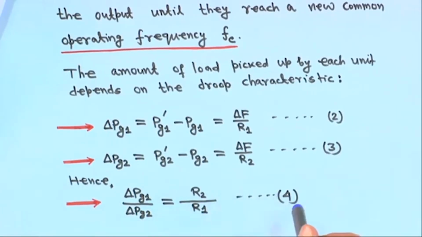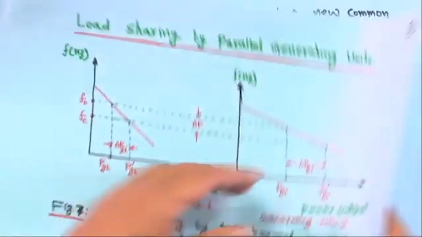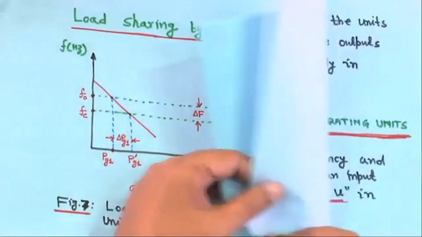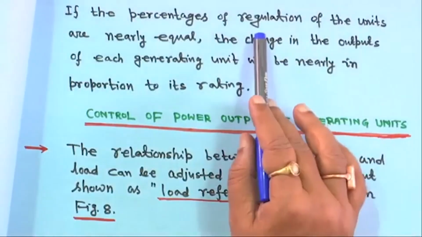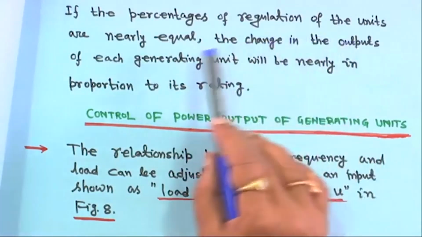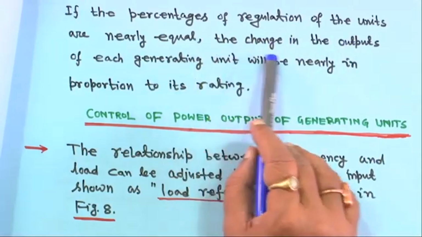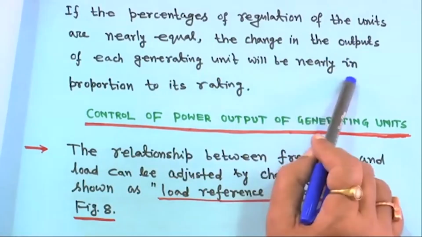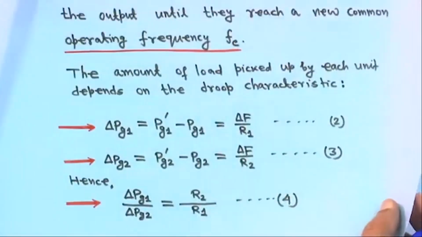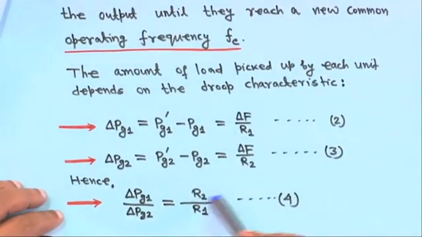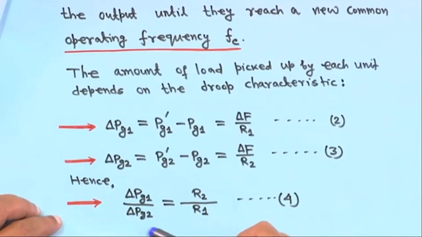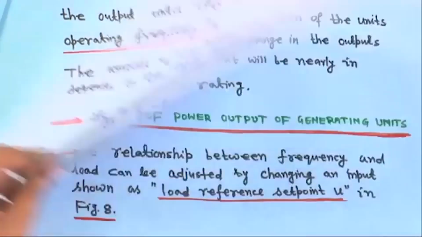So, this is equation 4. Therefore, if the percentage of regulation of the units are nearly equal, the change in the output of each generating unit will be nearly in proportion to its rating. That means, if R1 is equal to R2, then delta Pg1 will be equal to delta Pg2, otherwise not.